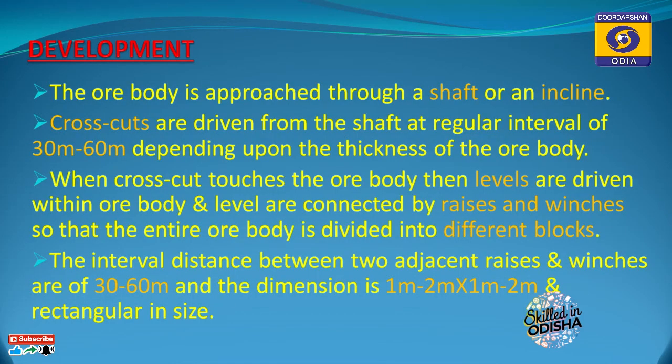The interval distance between two adjacent raises and winzes is 30 to 60 meter, and the dimension is rectangular in size, 1 to 2 meter into 1 to 2 meter cross section. So this is all about the development part, and as I have said, this development part is common to all the stoping methods.